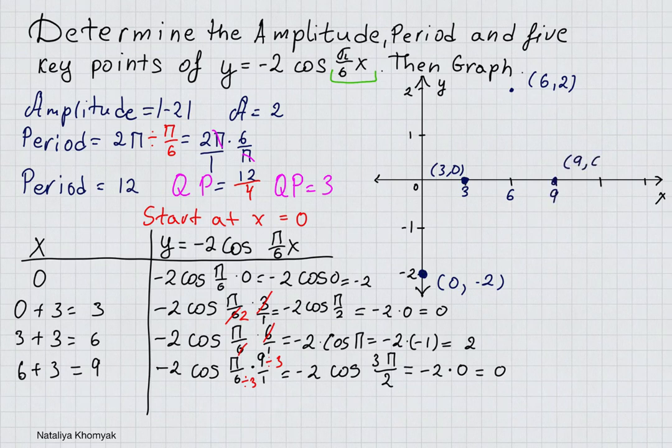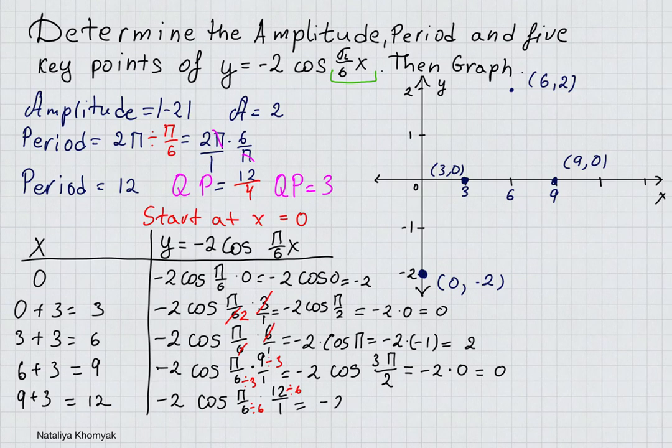So 9, 0. And the fifth x value to complete our period will be 9 plus a quarter of the period, which is 3. And this equals 12. Our y value will be negative 2 cosine of pi over 6 times 12. 12 over 1. 6 and 12 can be reduced by 6.